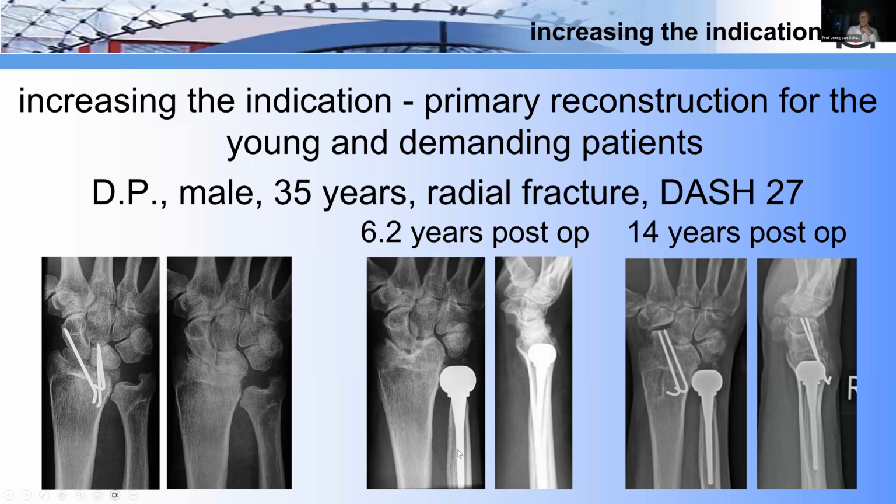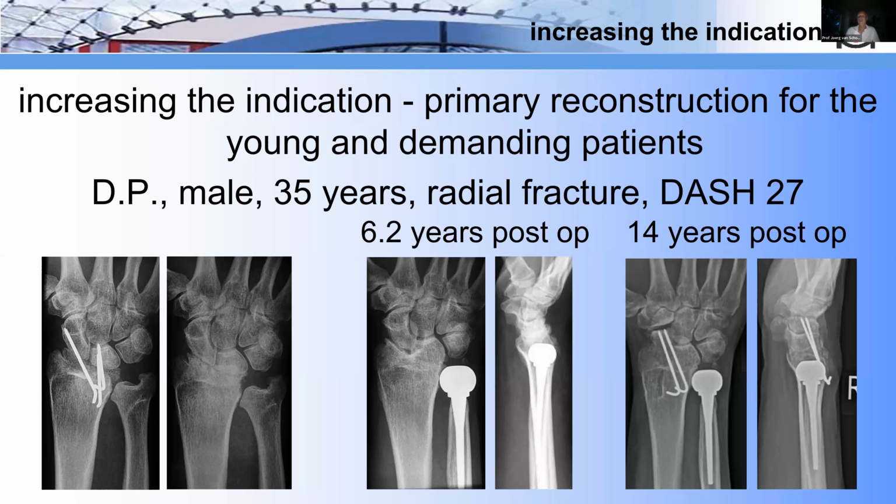And actually 6.5 years after that ulnar head replacement, that patient came back to us because he still had pain on the radial side due to a non-union of the radioscaphoid fusion. And we revised that, resected the distal pole of the scaphoid, and performed a revision of the radioscaphoid fusion.